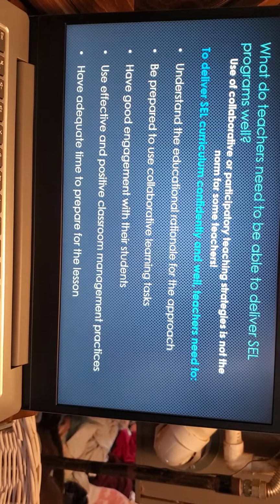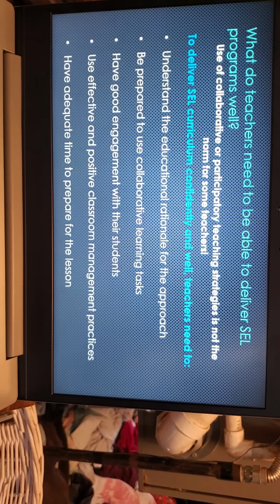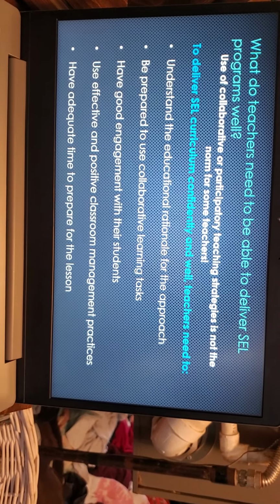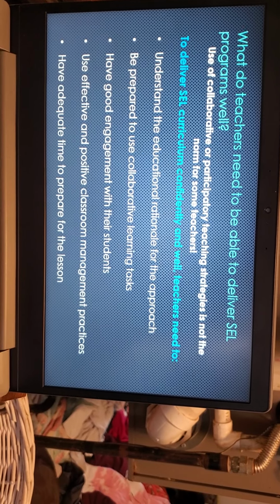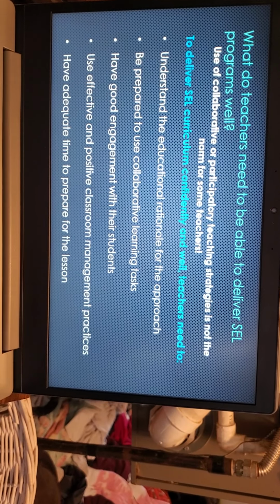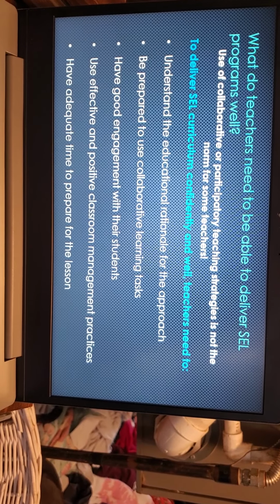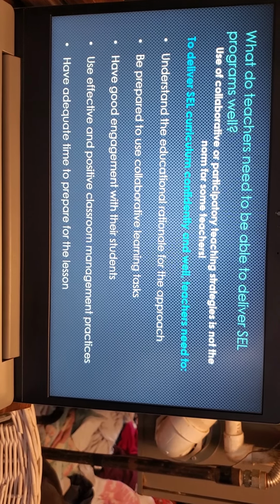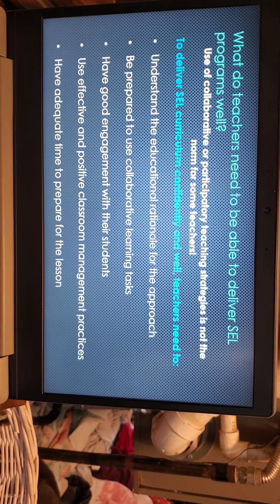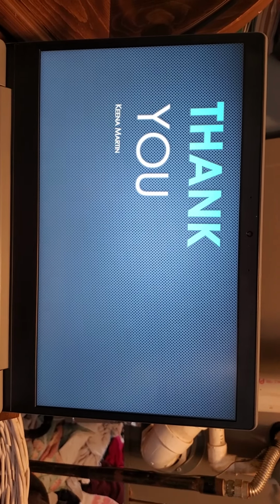To deliver SEL curriculum confidently and well, the teacher needs to be able to understand the educational rationale for the approach, be prepared to use collaborative learning tasks, have good engagement with their students, use effective and positive classroom management practices, and have adequate time to prepare for the lessons.